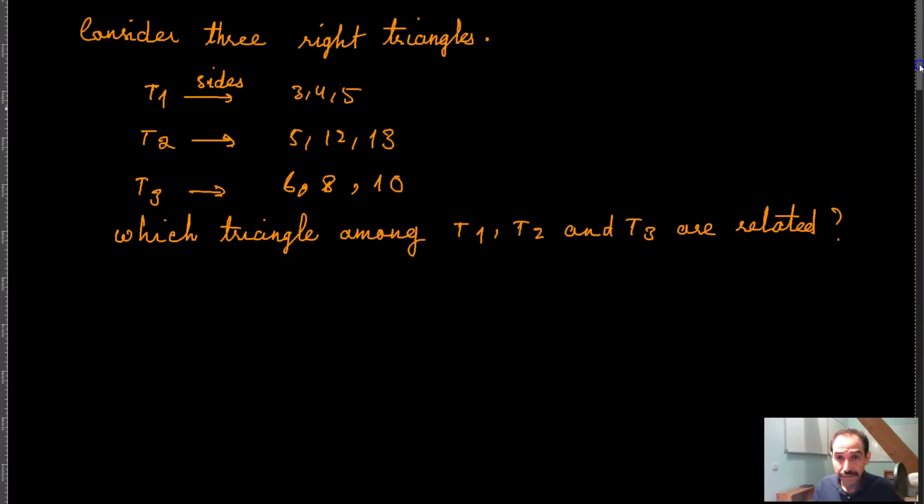All you need to do is decide whether T1 is similar to T2, or T1 is similar to T3, or T2 is similar to T3, and whichever is the case, that pair of triangles is related under R.